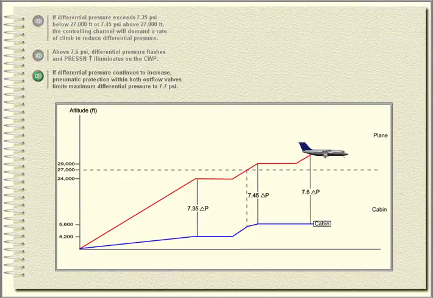If differential pressure continues to increase, pneumatic protection within both outflow valves limits maximum differential pressure to 7.7 psi.